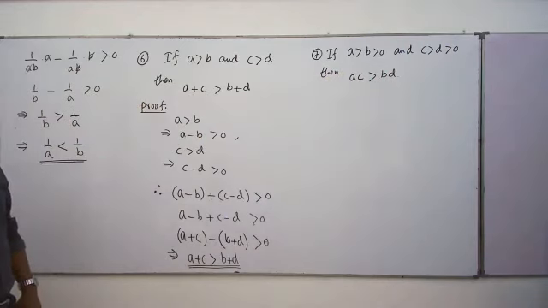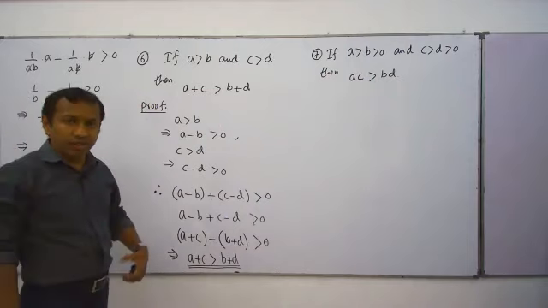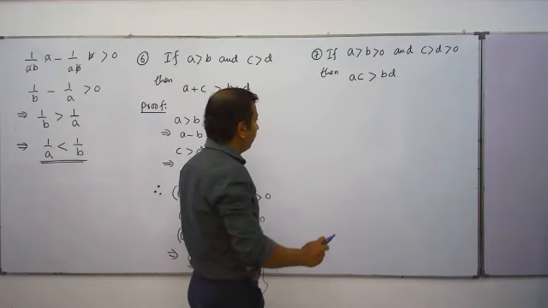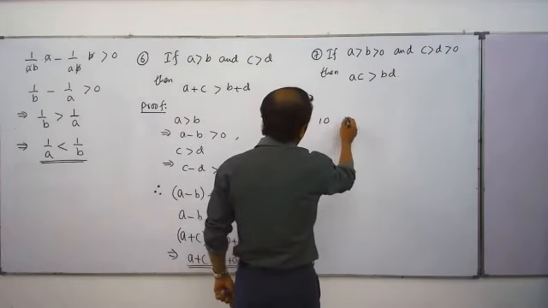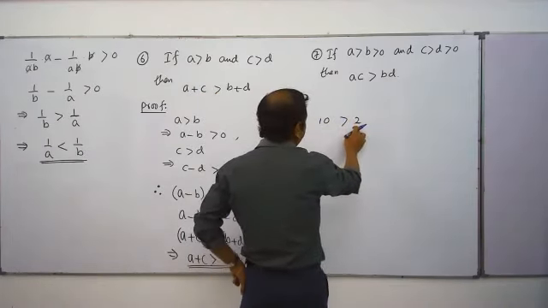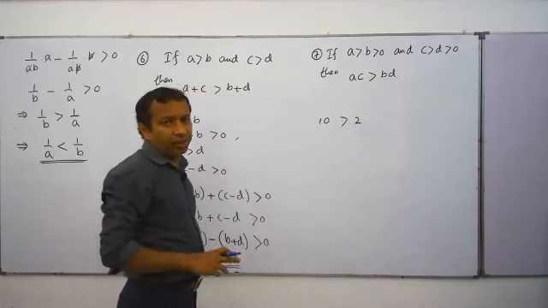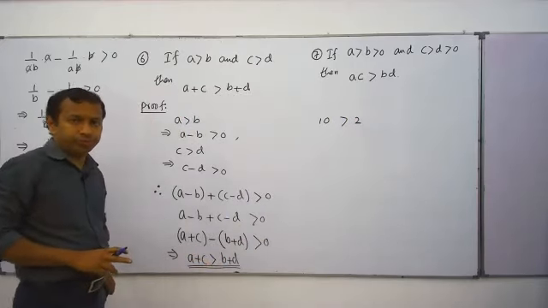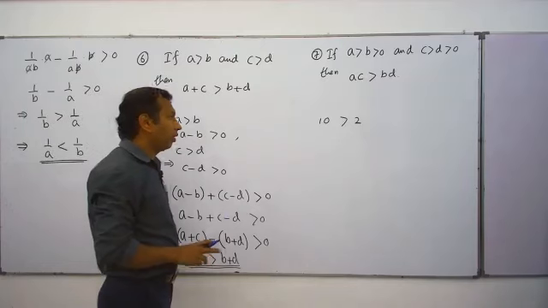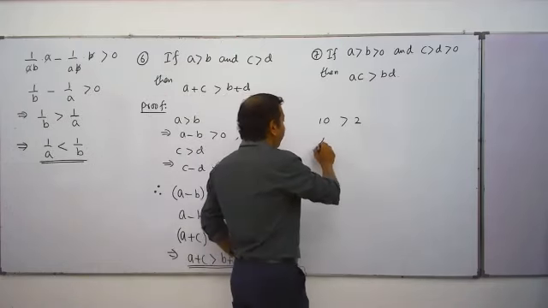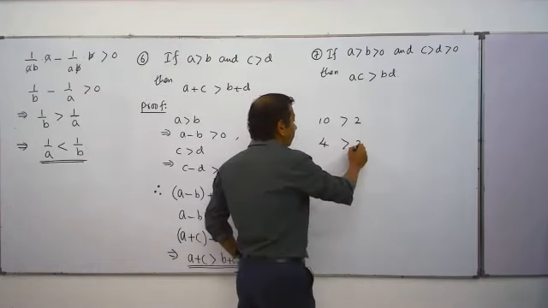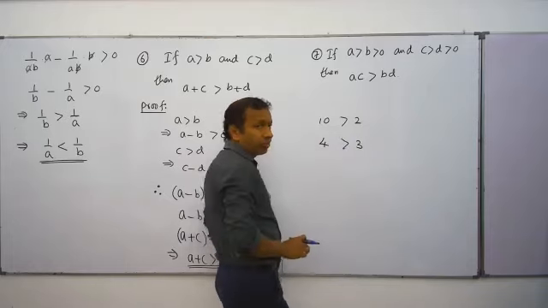People, what is this result? You can very easily understand it this way. If I write 10 greater than 2, both are positive, and that is true. Other one, 4 greater than 3, both positive.